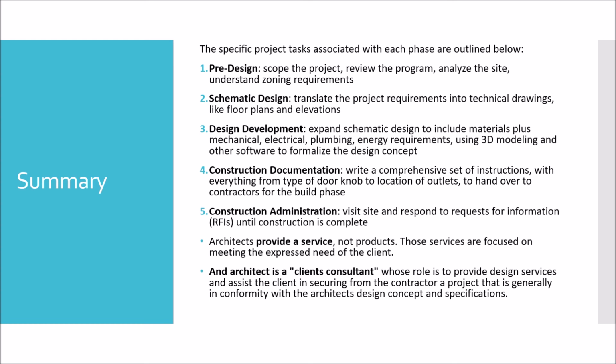It is when you write a comprehensive set of instructions with everything from type of doorknob to location of outlet to hand over to contractors for the build phase. The fifth is construction administration. It is when the architect visits the site and responds to requests for information until construction is completed.